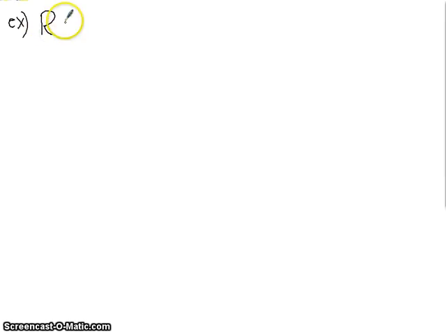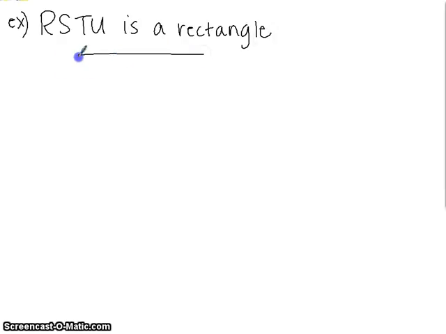If RSTU is a rectangle, and actually I have 2 problems that are going to go along with this. So here is RSTU.